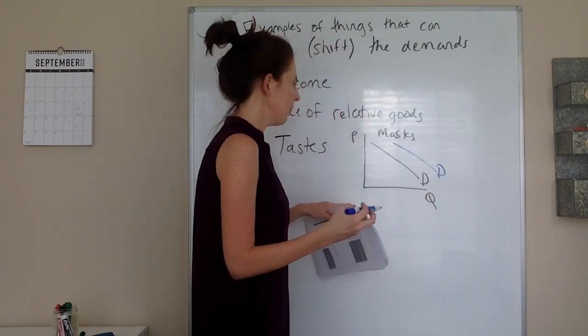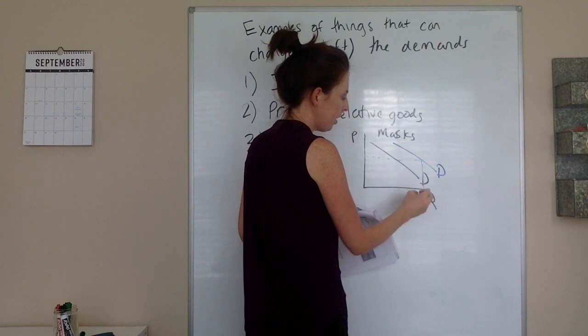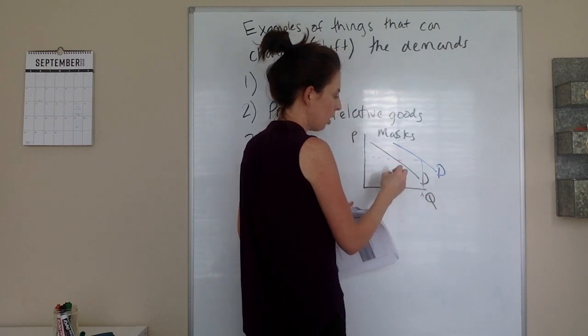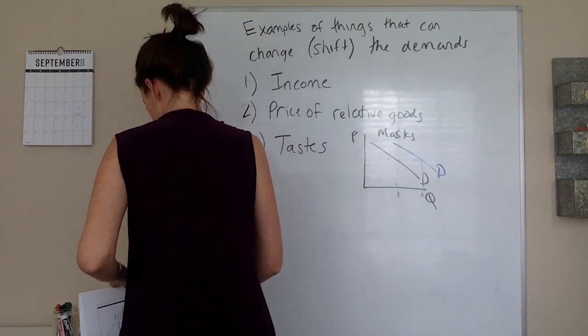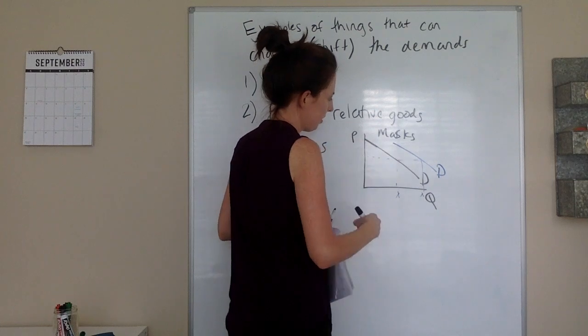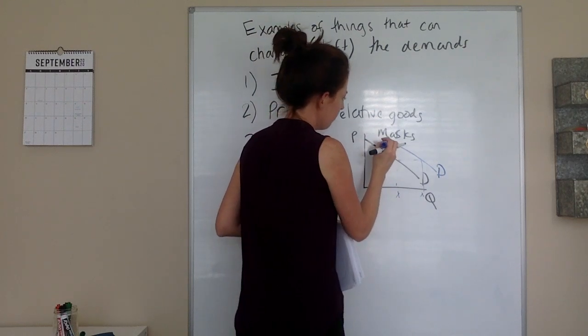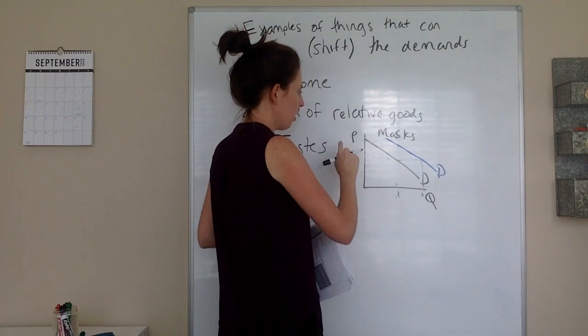Because that's like saying for any given price point, there's more quantity of masks demanded today than there were last year. So maybe last year, let me draw this a little bit neater so I can get the point across. Maybe last year masks are being sold for $10 a piece.